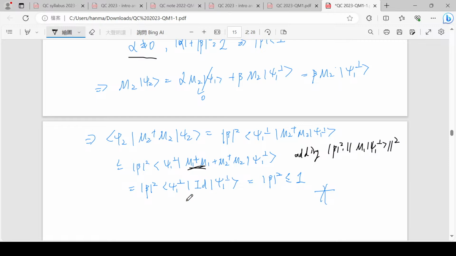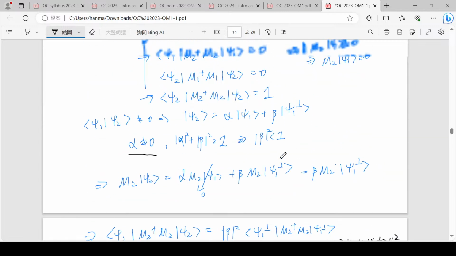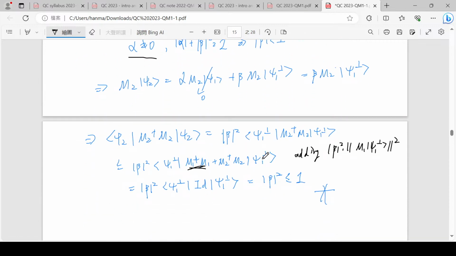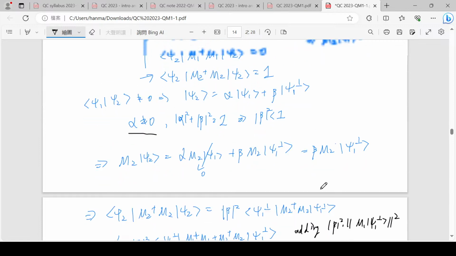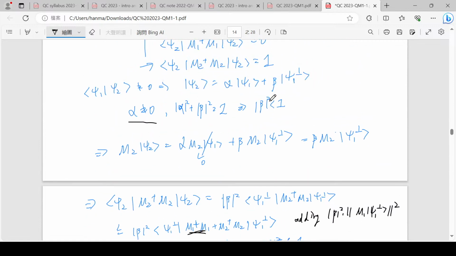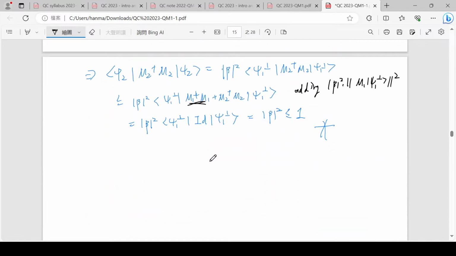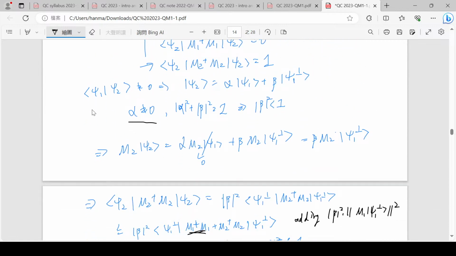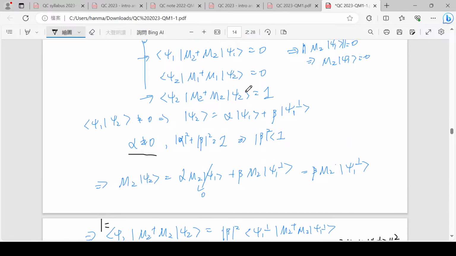You get the identity here, and then this is just the inner product of psi 1 perp with itself. And this is a normalized vector, so this is just 1. So this is beta squared, and we have seen that beta squared should be less than 1. But this is a contradiction because this thing should equal 1. Because this is one of the perfect distinguishing probability conditions.